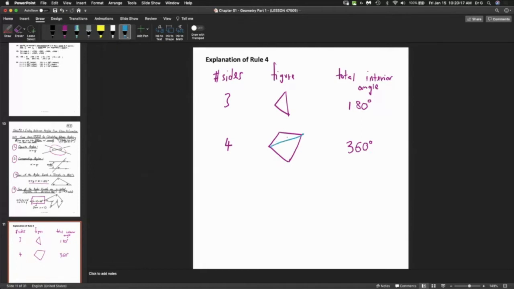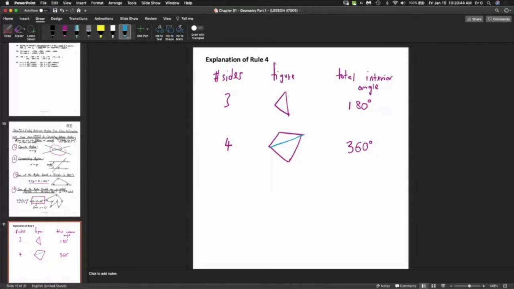How many triangles are there here? So the minimum number of triangles. Thank you, Malik. Yeah, it's 2 triangles. I drew a weird line. So there, 2 triangles.